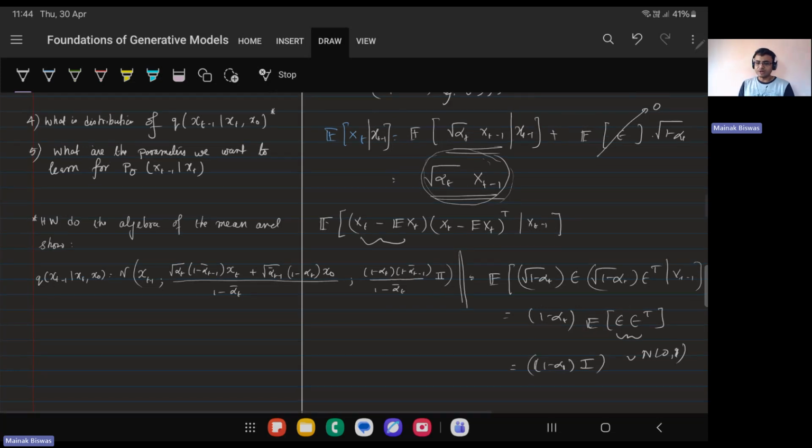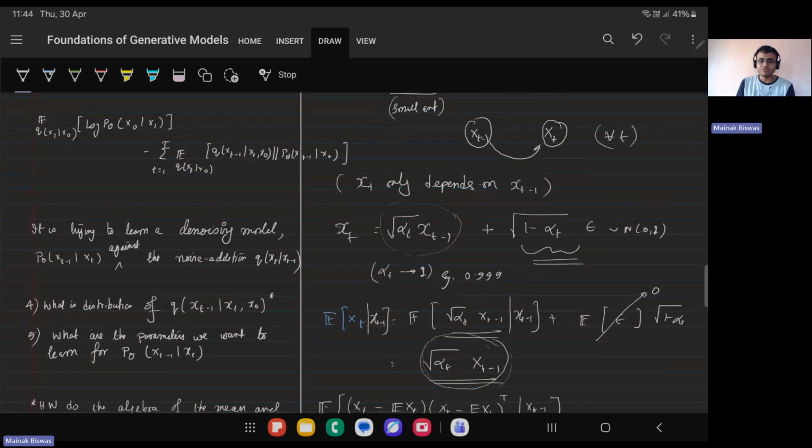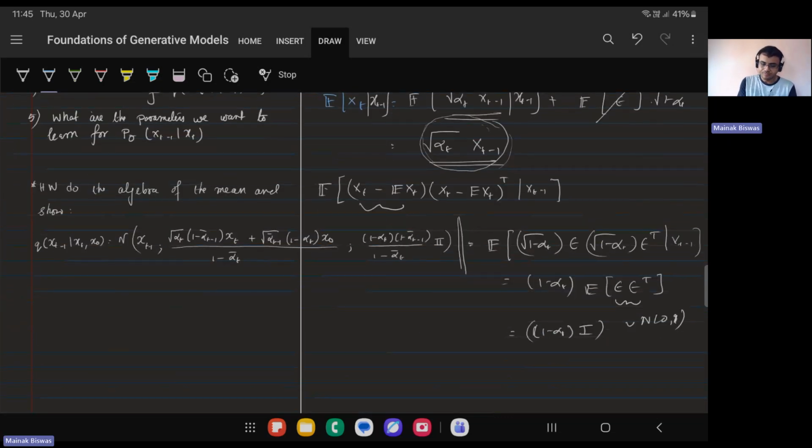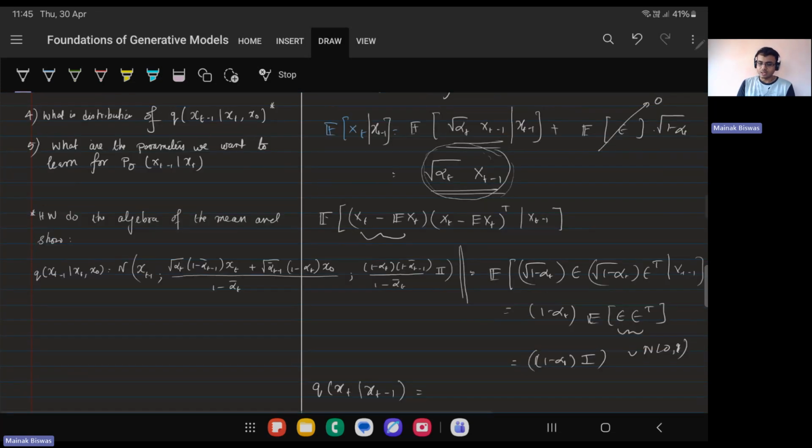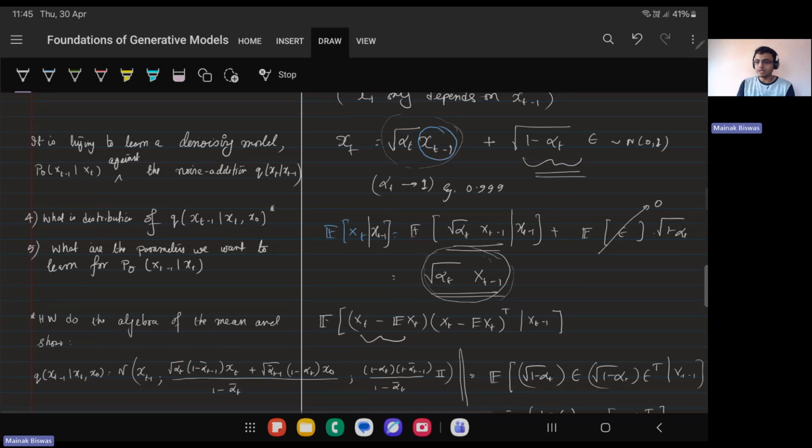And you can look at it in a different way as well. If each of these distributions is assumed to be normal, so xt minus 1 is normal, xt is normal, and given xt, all of these are going to be normal. So which means we can clearly see that q of xt given xt minus 1 is distributed normally. xt minus 1 is given to me, and since epsilon is from a normal distribution, this is like mu plus sigma epsilon.